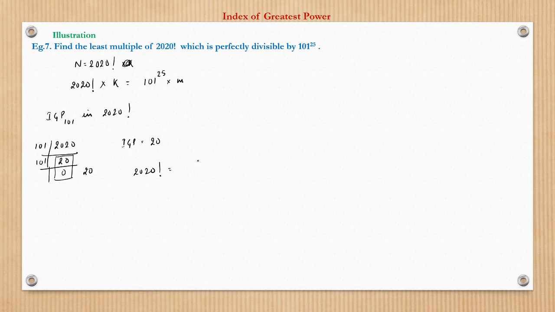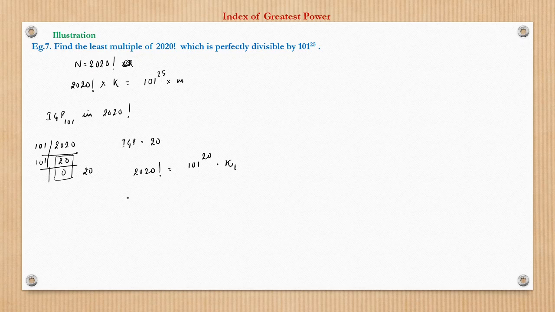So it means that 2020 factorial is nothing but 101 raised to power 20 into some k1. So what does this mean? 2020 has a highest factor power of 101 as 20, but we want it to be a multiple of 101 raised to power 25.